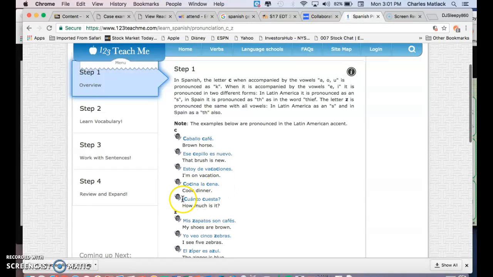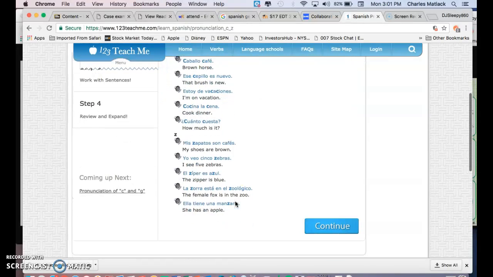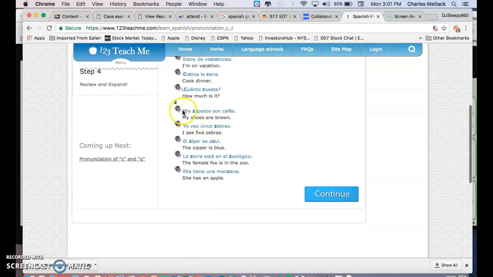A hard C, ¿cuánto cuesta? Now for example, with the Z, it's normally pronounced like an S. Mis zapatos son cafés. But in Spain, they would pronounce it with a little bit of a lisp. So for example, el zipper es azul. Or la zorra está en el zoológico.